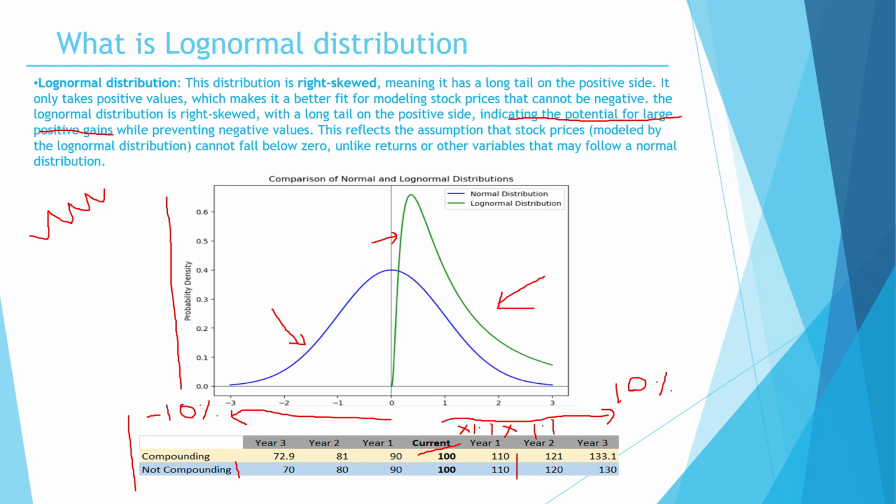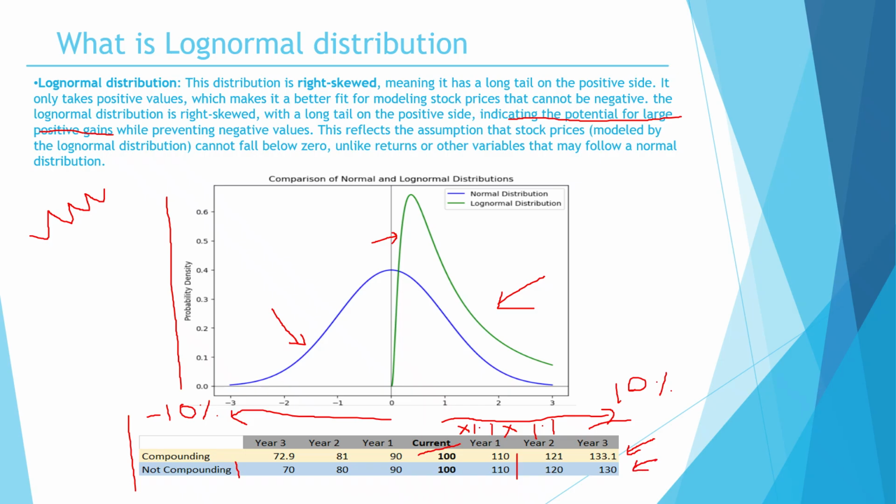Now the difference here is that because of the power of compounding, my result will increase. The more I move towards the right, if I move towards year 3, you will find that my resultant number, if I am applying annual compounding, becomes 133.1, whereas if I am not applying compounding, it is 130.